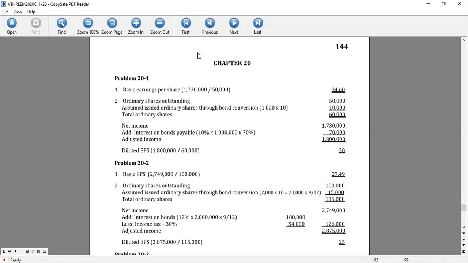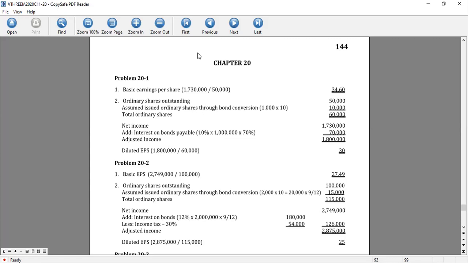So net income of 1,730,000. Then we add back the interest on bonds payable. The bonds rate is 10%. That's the interest rate, and then we multiply it by the principal of 1 million. So the interest will be 10% of 1 million, which is 100,000.